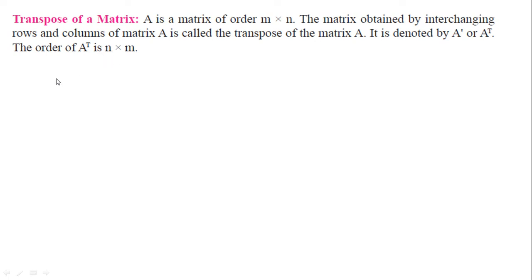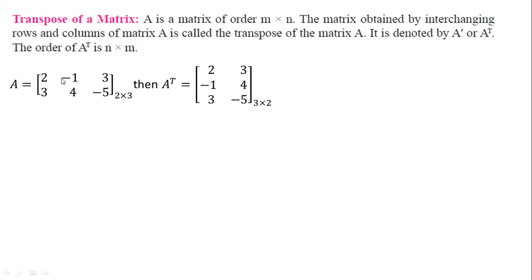We will clear this idea by taking one example. See here, this is the given matrix. Suppose its order is 2 by 3, any matrix: 2, minus 1, 3 is the first row, and 3, 4, minus 5 is the second row. Then its transpose A raised to t is, see here, interchange rows as columns.